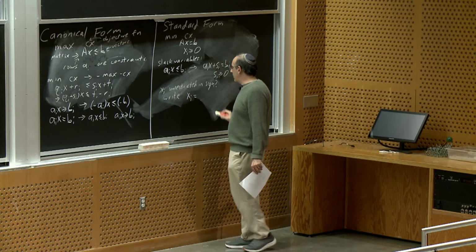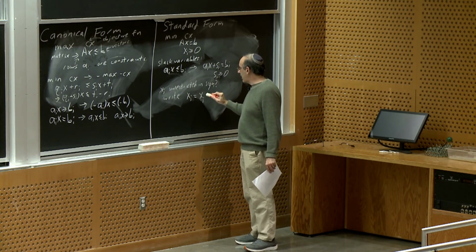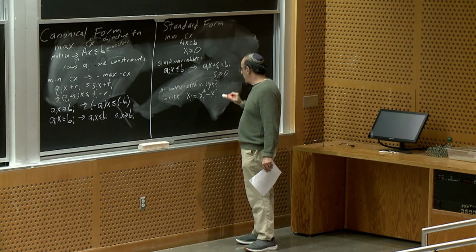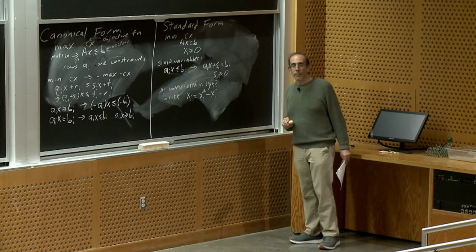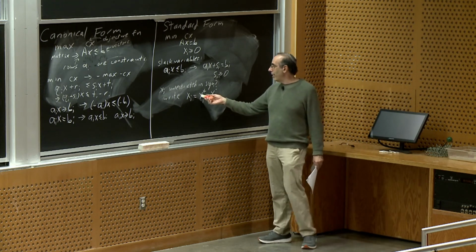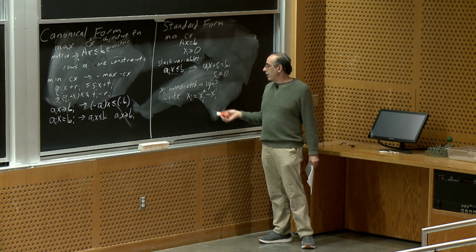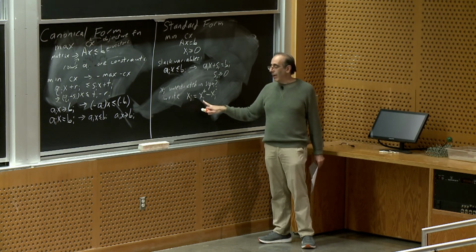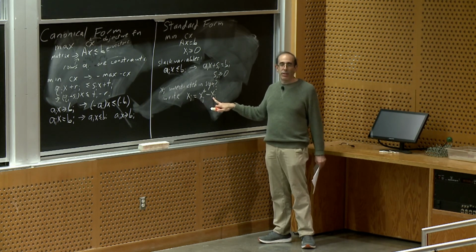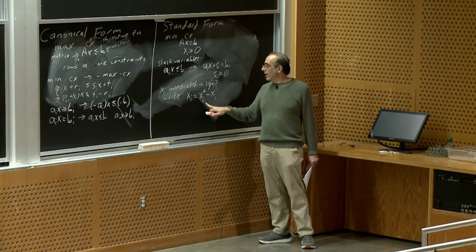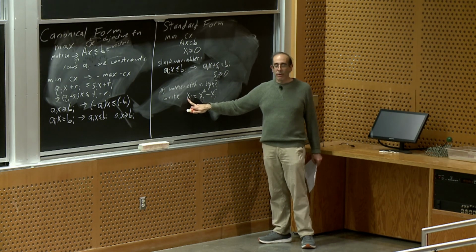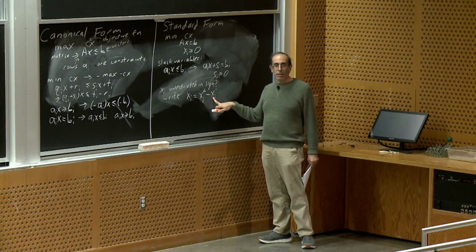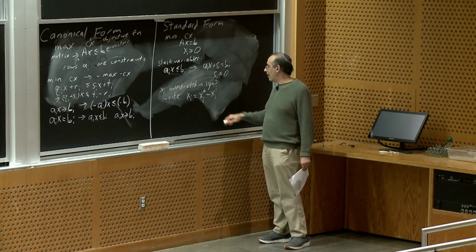x_i as the difference of two variables, x_i plus minus x_i minus. Okay. So I introduced two brand new variables, and essentially x_i plus represents x_i when x_i is supposed to be positive, right? In that case, you can set x_i minus to be 0 and x_i plus to be x_i. If, on the other hand, x_i is supposed to be negative, then you set x_i plus to be 0, and you set x_i minus to be the absolute value.